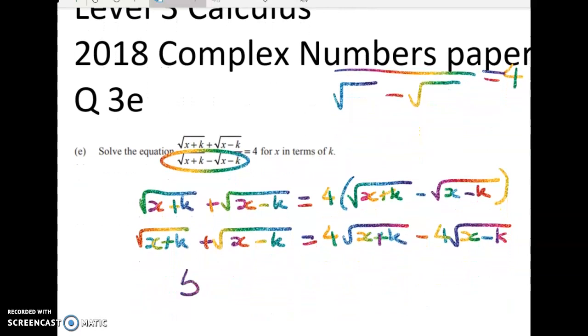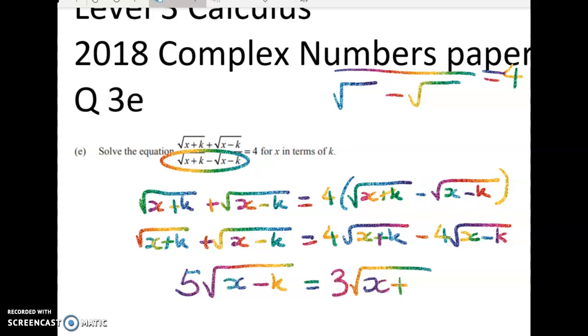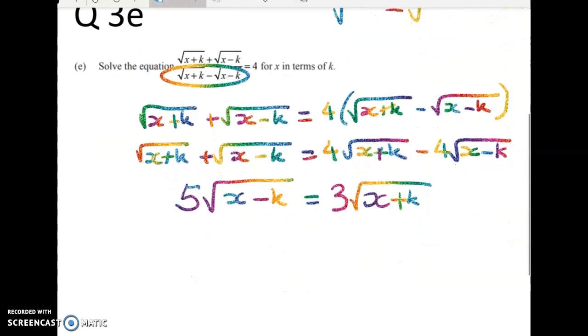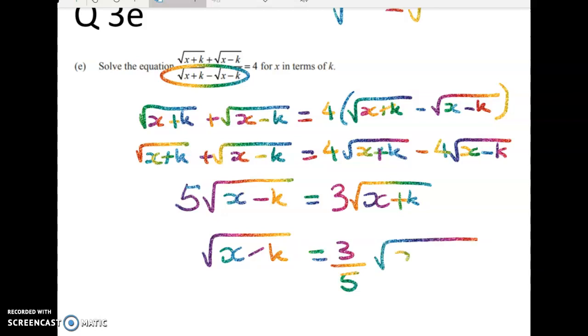Simplifying, I'll get 5 root x minus k is equal to 3 root x plus k. That gives us root x minus k is equal to 3/5 root x plus k.